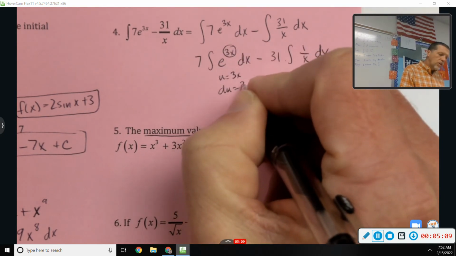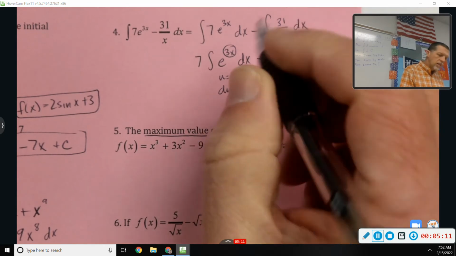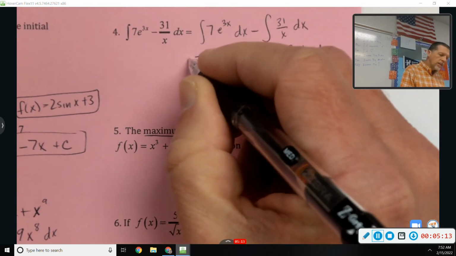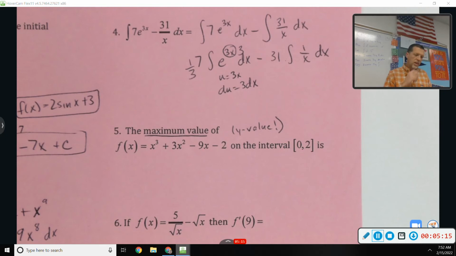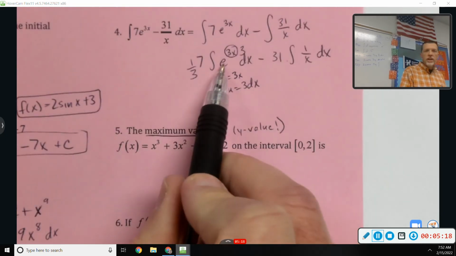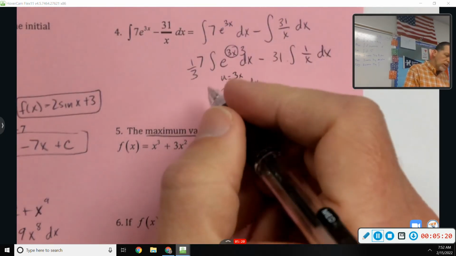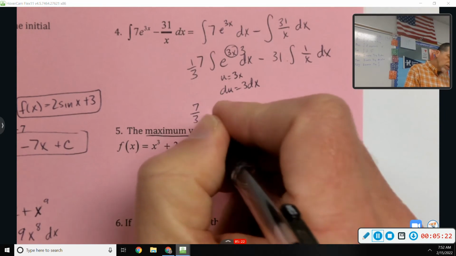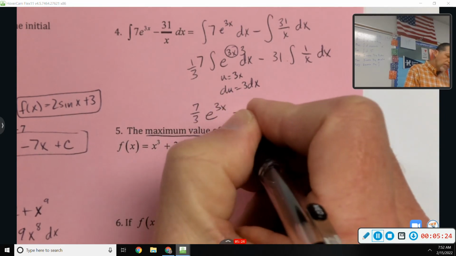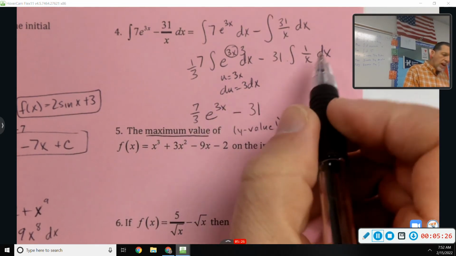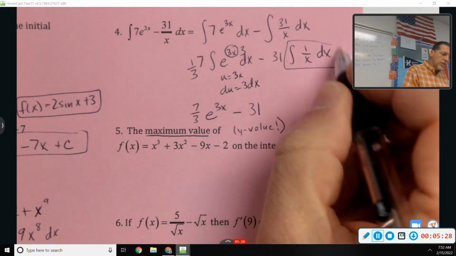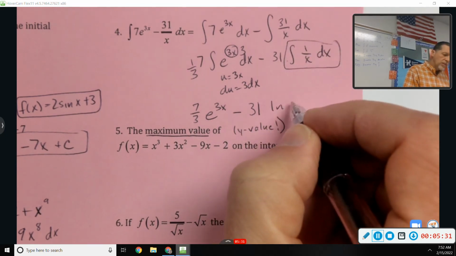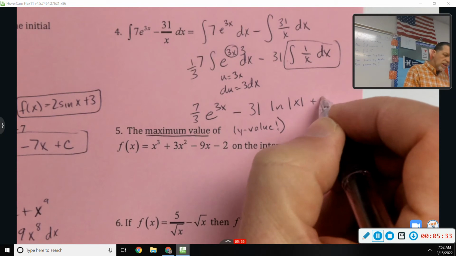So du is 3dx. So I need a 3 on the inside and then a 1/3 on the outside. And the integral of e to the u du is just e to the u. So 7/3 e to the 3x. And then the integral of 1 over x dx is natural log of x. And then plus c.